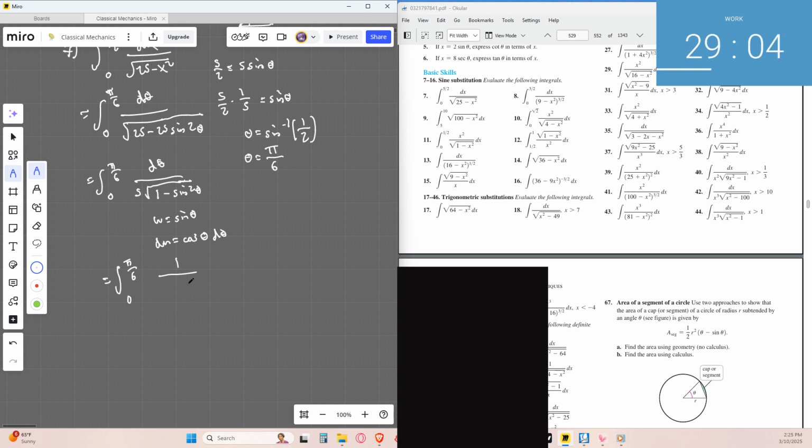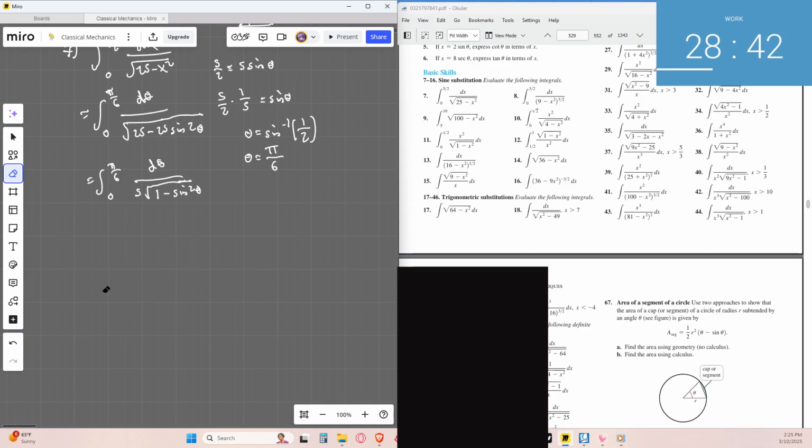Is that the right approach? Yeah, I think I'm getting the ordering wrong. Let's see, that will turn into cosine squared. Then it will turn into cosine.